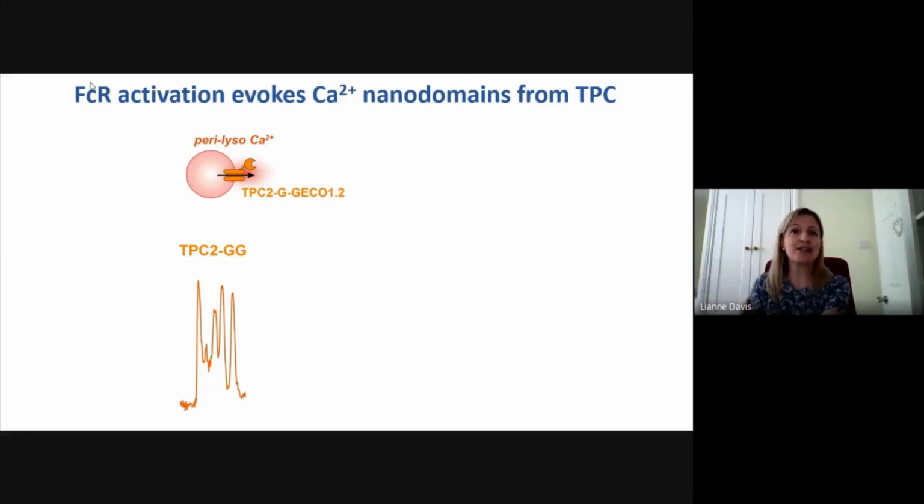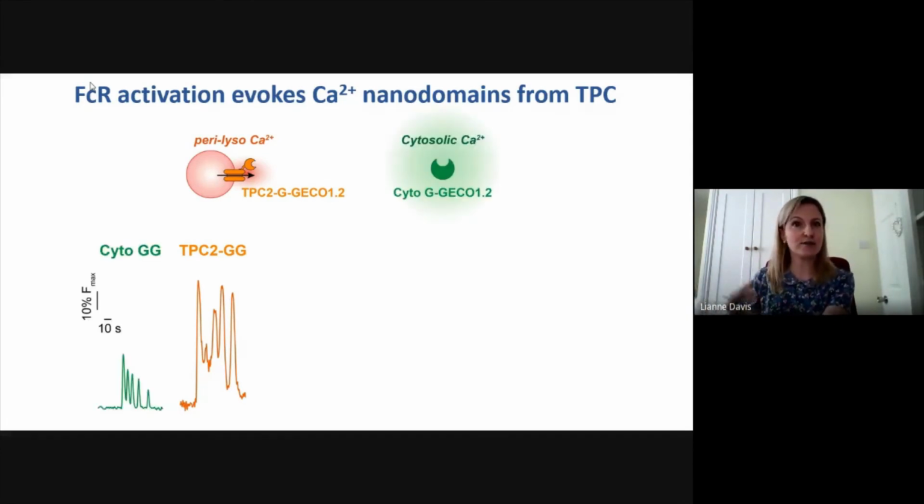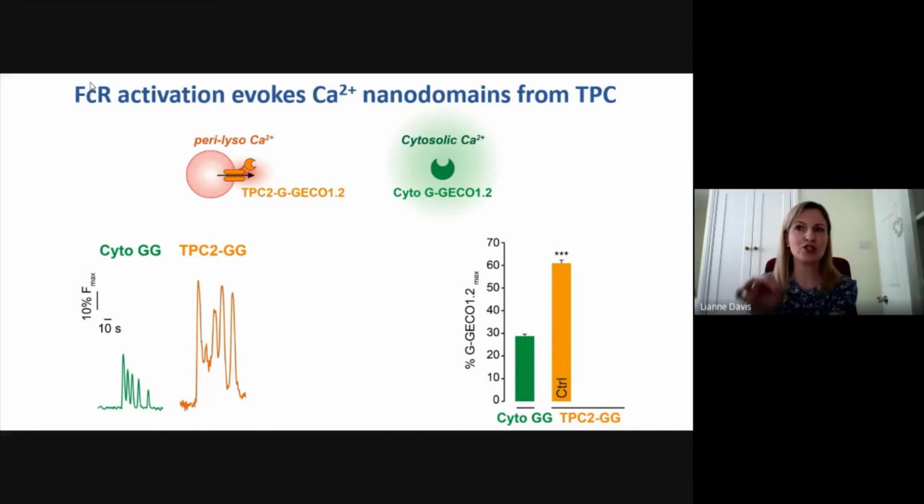First, the GECI could simply be picking up global cytosolic calcium signals. So to assess this, we also used the unfused cytosolic GG, and it could indeed detect phagocytic calcium oscillations. However, the TPC2 GG responses were significantly larger than the cytosolic GG signals, consistent with TPC2 GG detecting domains that the cytosolic form could not.